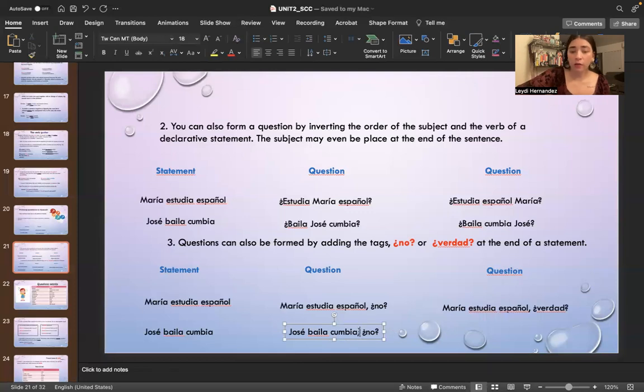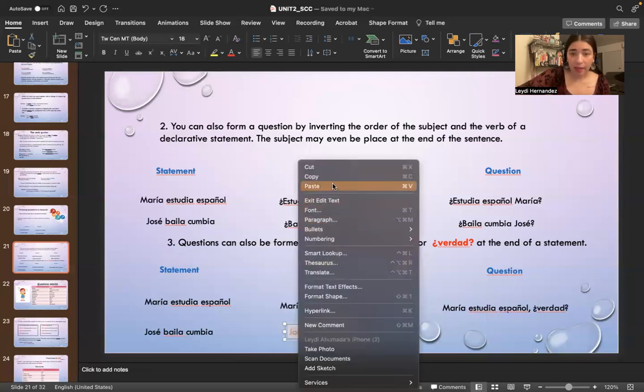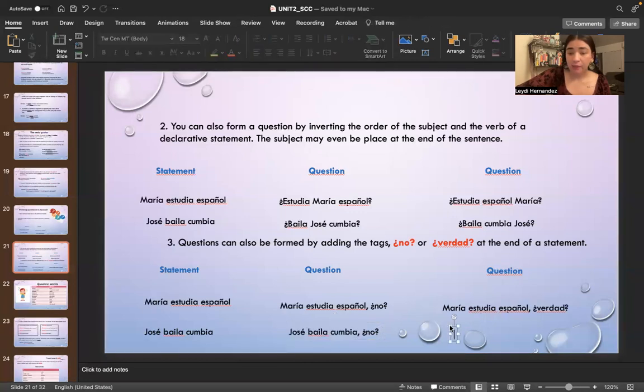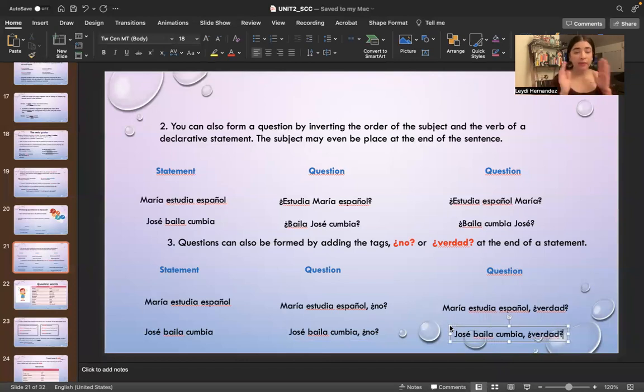Okay, or the same exact statement, but instead of no, we put ¿verdad? Okay. So my statement is José baila cumbia. And my tag question will be José baila cumbia, ¿no? Or José baila cumbia, ¿verdad?